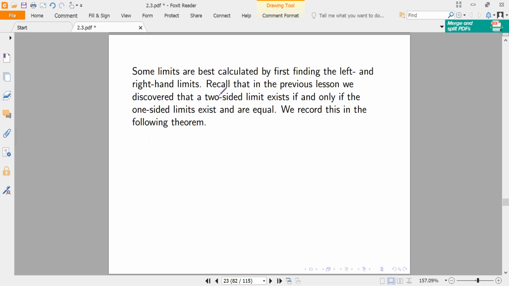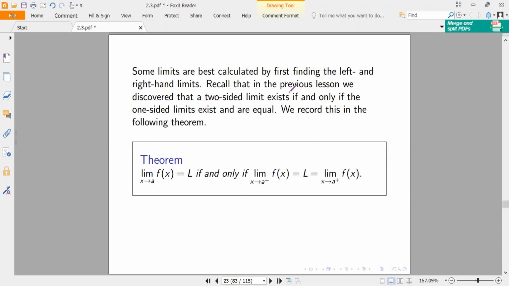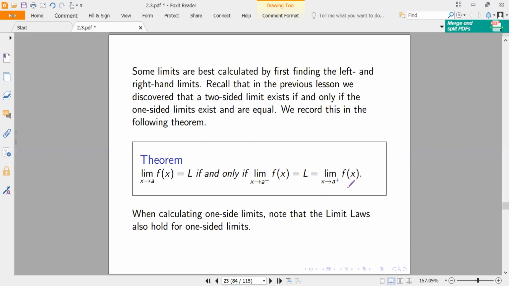So far, earlier we spoke about two-sided limits. Remember we said the limit exists if the limit from the left and the limit from the right are the same. We said the limit as x approaches a of f of x equals L if and only if the left-hand limit is L and the right-hand limit is L as well.